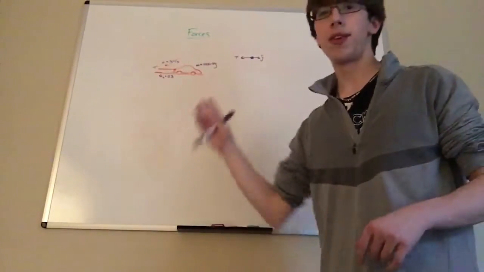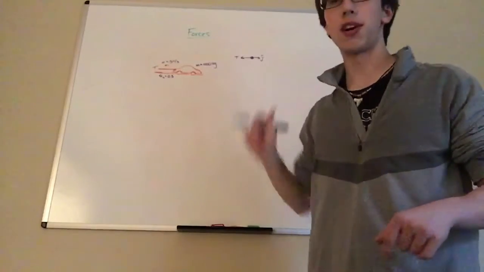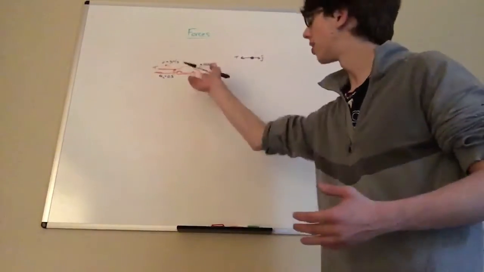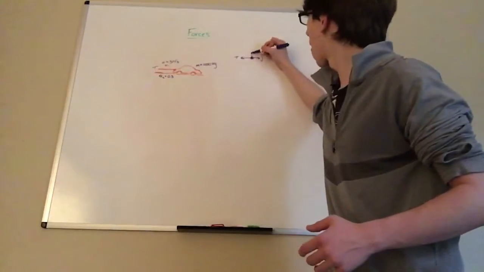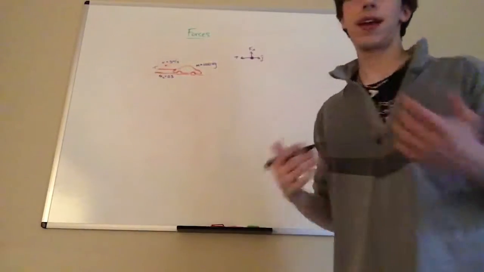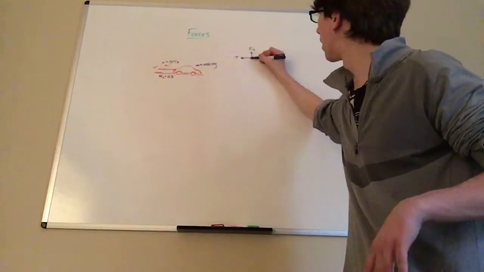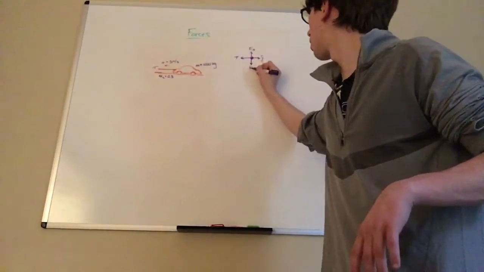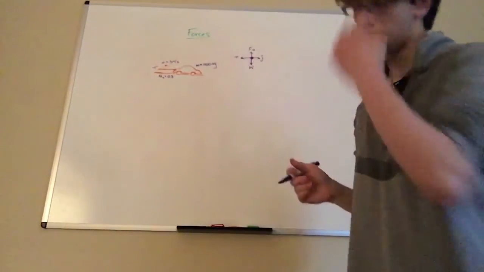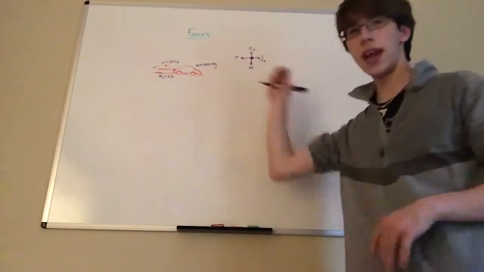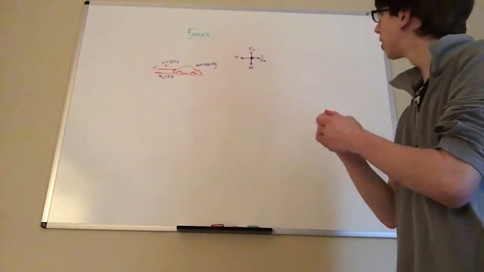Then we also have a normal force since our car is in fact on a surface. And of course we have our weight. So now we have our four forces.